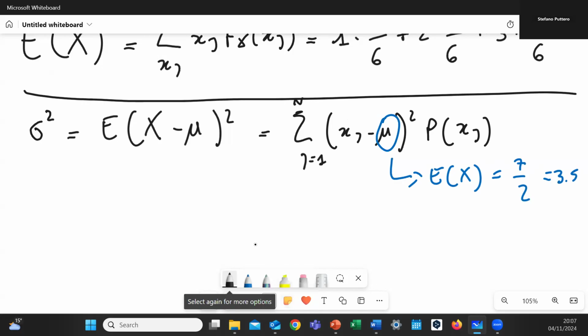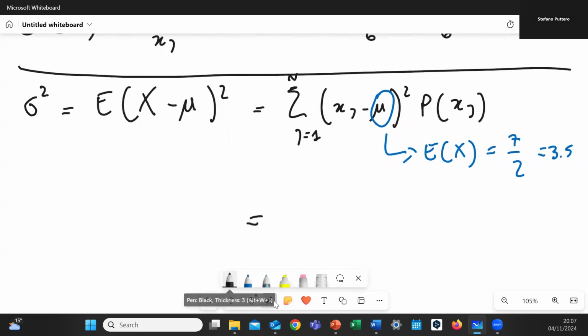Okay, now we can calculate the variance, because the variance in this case, for the first side, is just 1 minus 7/2 up to the 2 multiplied by its probability, 1/6.